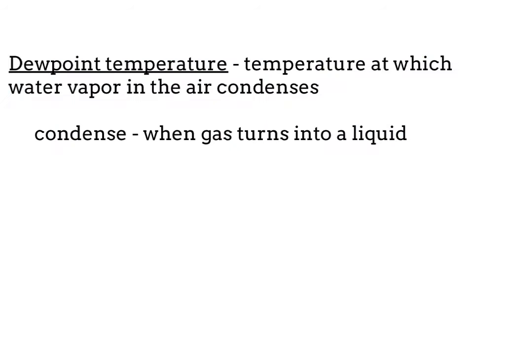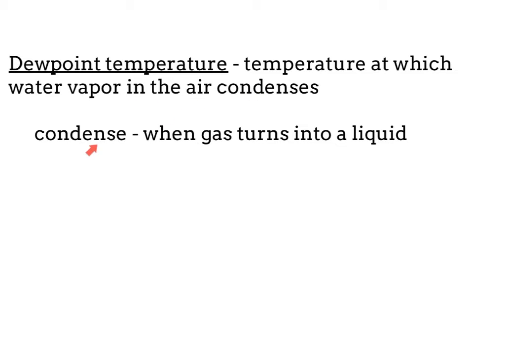Okay. So another thing that's related to humidity and relative humidity is something called the dew point temperature. Now the dew point temperature, you might have seen this on your weather apps and maybe wondered what it was. It's kind of an imaginary temperature. It's this imaginary temperature where water vapor in the air condenses.